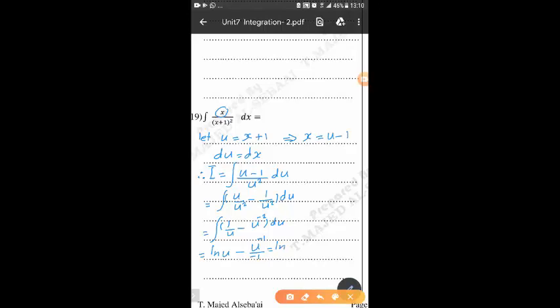Equal ln u, this minus and this minus will be cancelled with each other. So it's going to be plus 1 over u, because u to the power of negative 1 is 1 over u. Now substitute u again, so your answer is in terms of x. So it will be ln(x + 1) plus 1 over (x + 1) plus c.